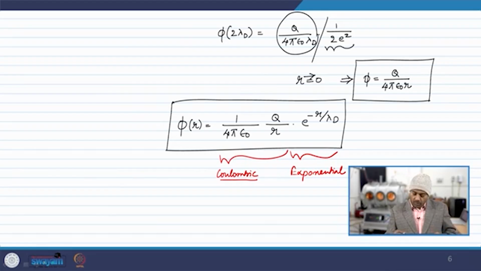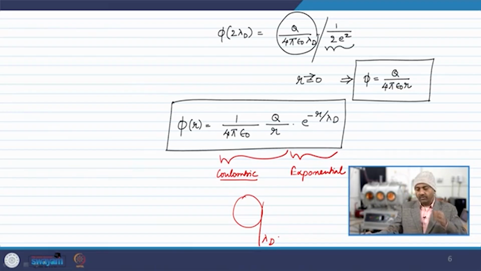What do we want? We want such a picture in which the potential becomes almost 0 once you cross the limit of lambda d, because lambda d defines the length up to which this positive charge's presence can be felt, right. Now, in order to understand this, we have constructed these 4 different cases.